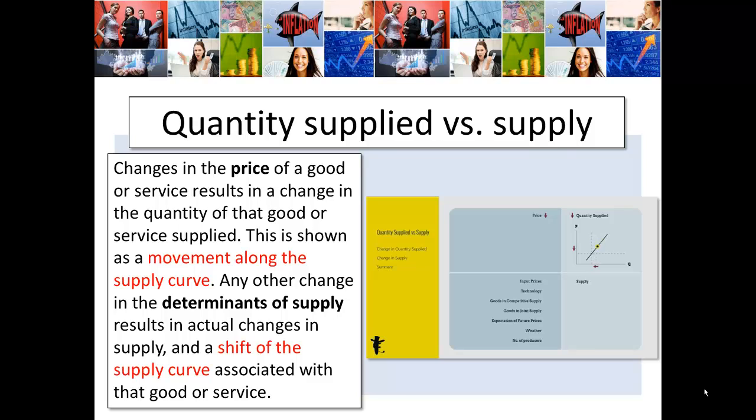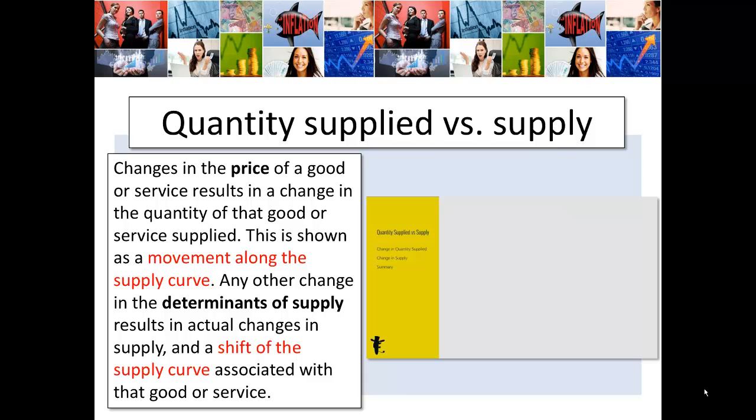It's a movement down the supply curve. When any of these non-price factors change in respective directions, supply increases. So the supply curve shifts right. When these factors change the other way, supply decreases, so the supply curve shifts left.